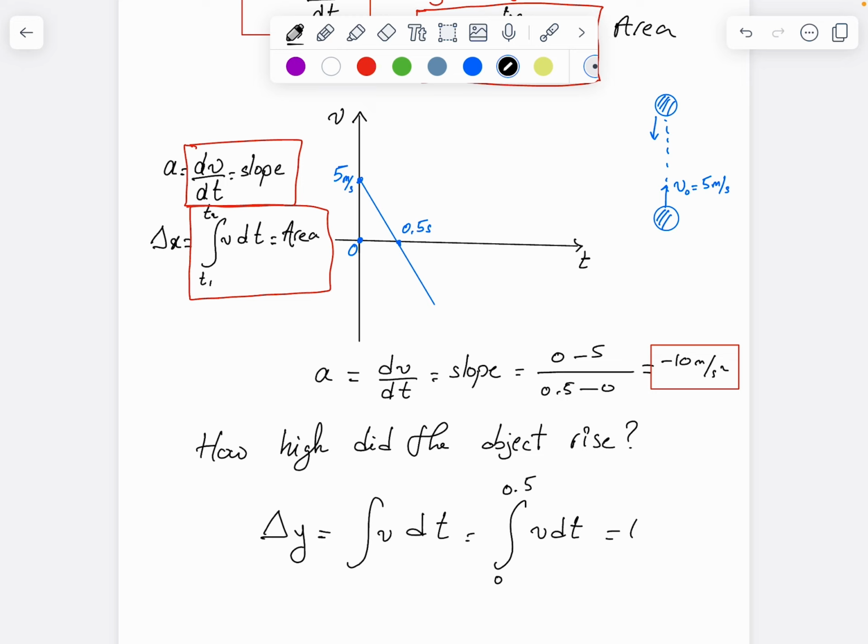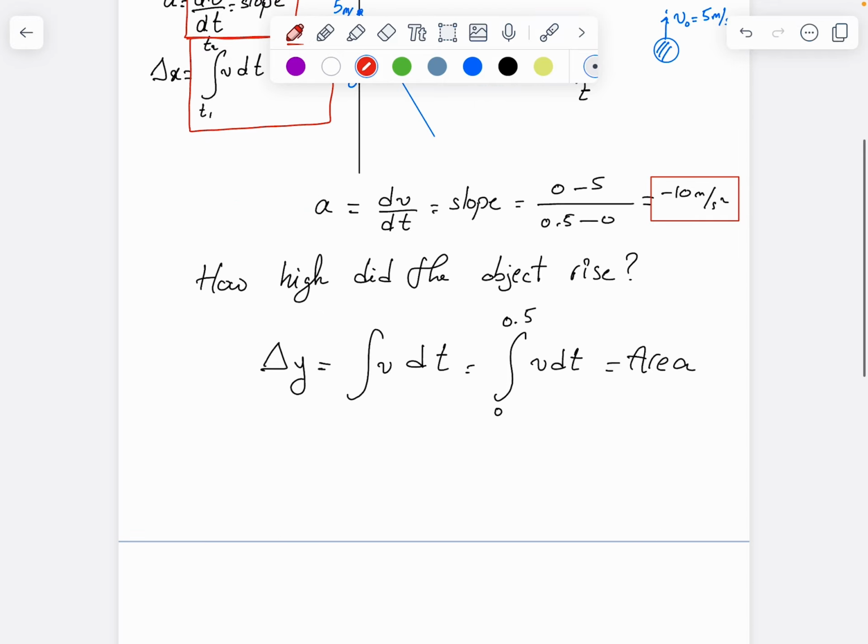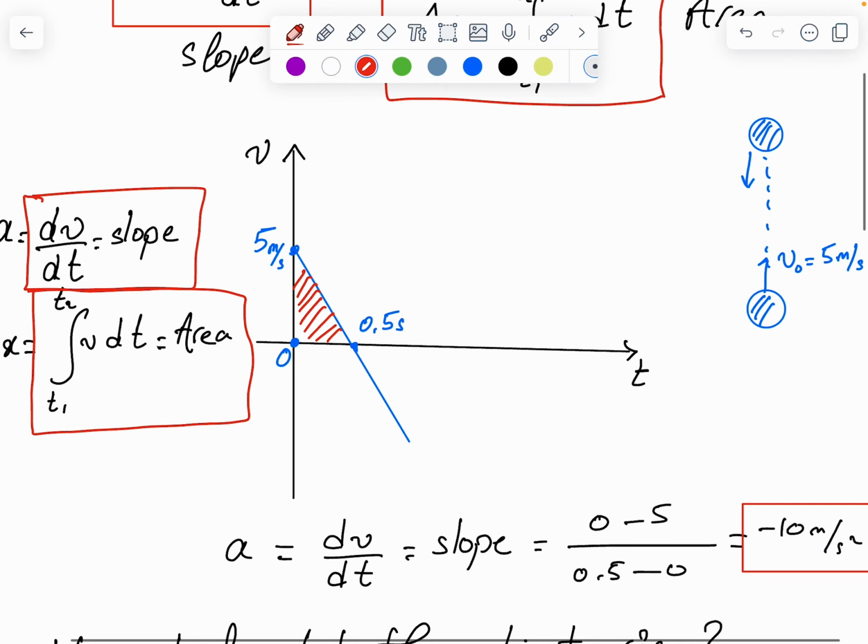And what's the integral? Again, it's the area. So we need to find this area here under the line from 0 to 0.5. What's the area of this one? That's a triangle. So the area is half the base, that's the base, 0.5, multiplied by the height, which is 5.